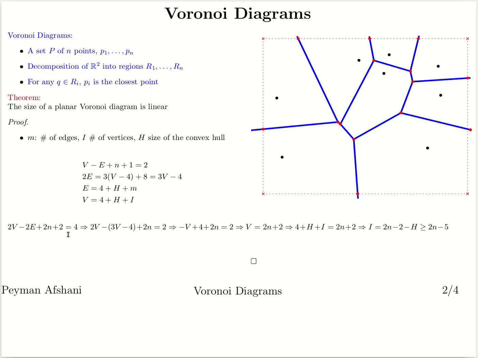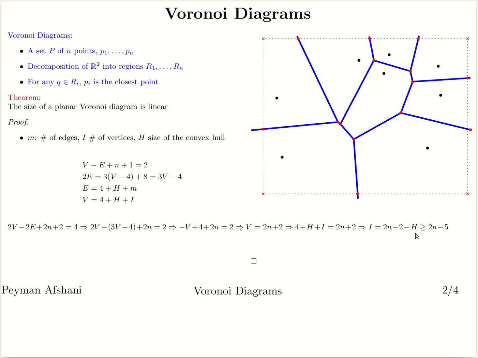So that will give me this equation. And from here, I could replace 2 times e as 3 times v minus 4. If I simplify things, I get v equals 2 times n plus 2. And then by replacing v with this, I get that the number of original intersection points is this much.